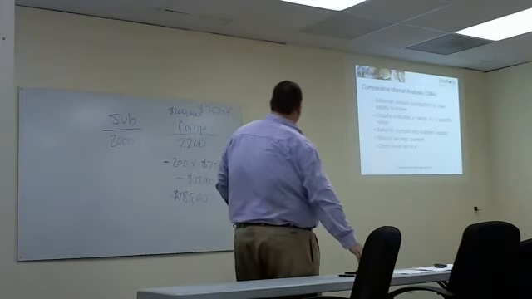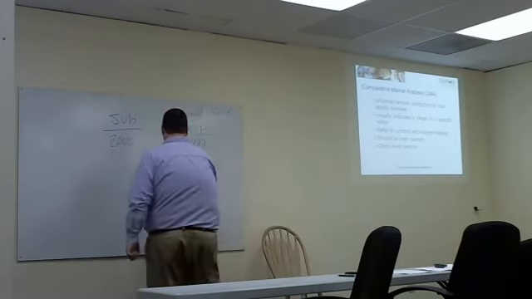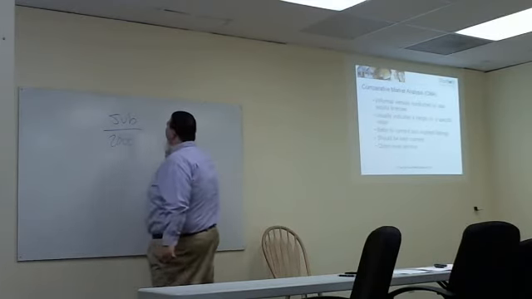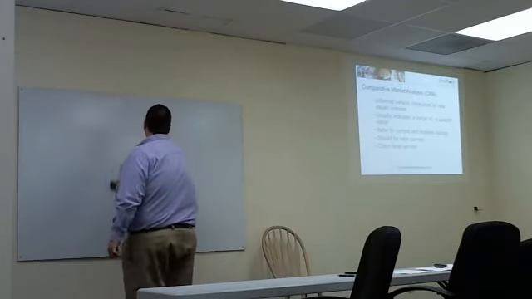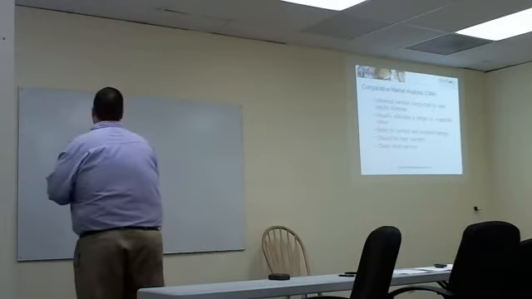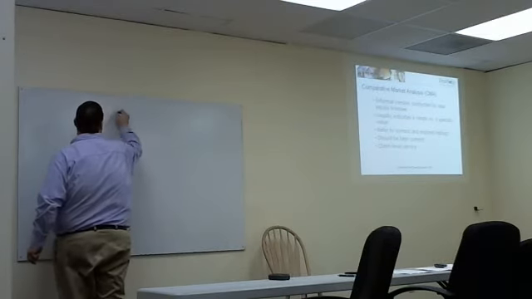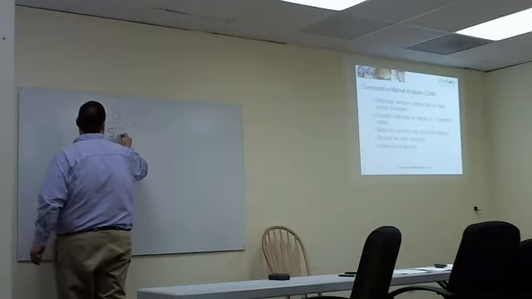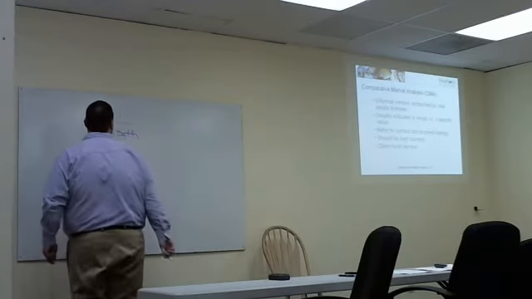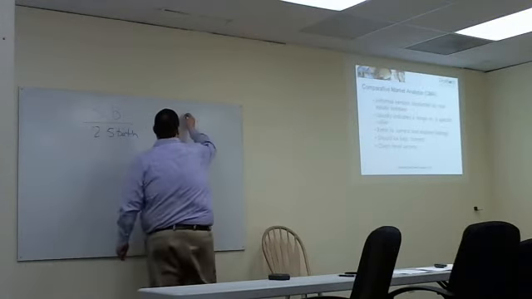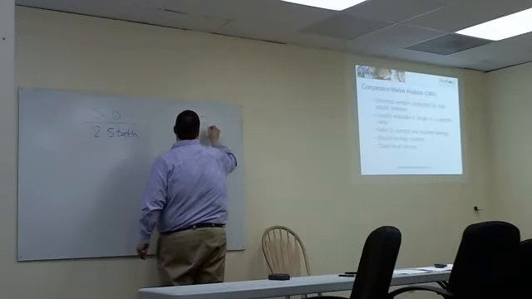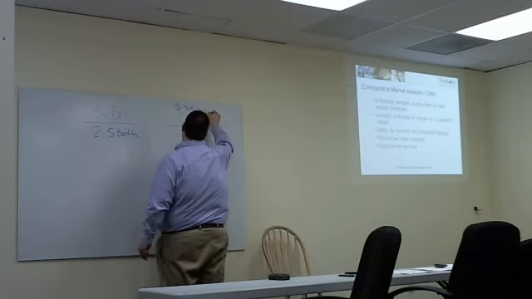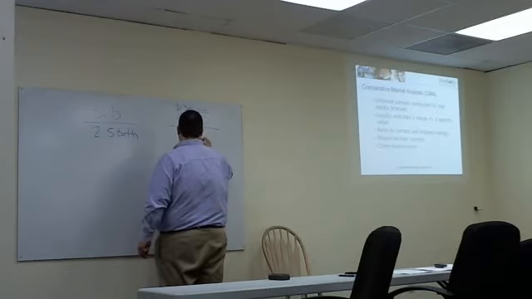Let's look at one that's going to confuse you. I have a subject property that is 2.5 baths. I have a comparable property that sold for $315,000 and is 3 baths.